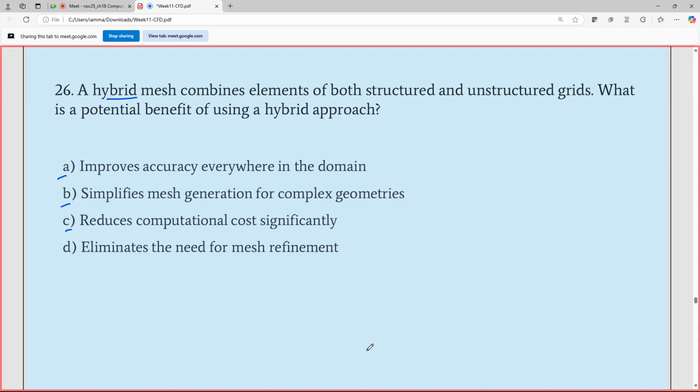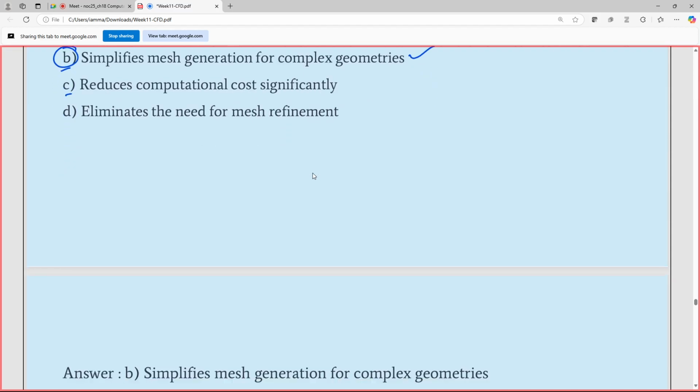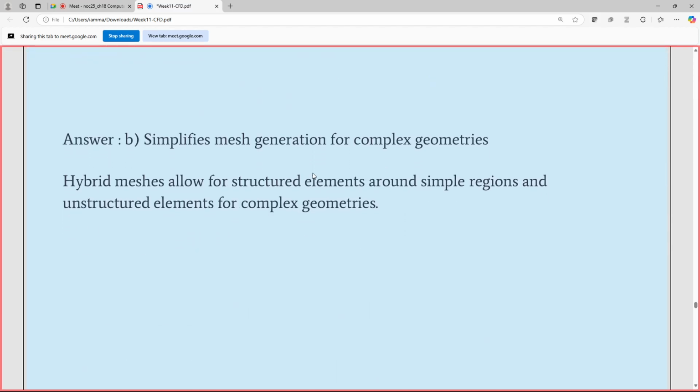The answer is option B, that is simplifies mesh generation for complex geometries. Because the hybrid mesh allows for structured elements around simple regions and unstructured elements around complex geometries and complex boundaries. Suppose you have an irregular geometry or something like this.